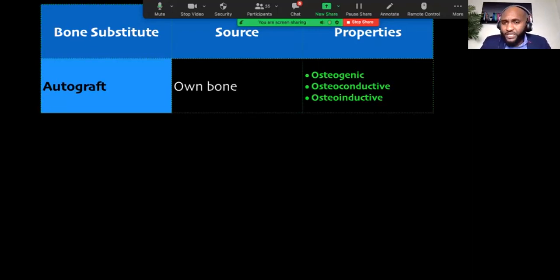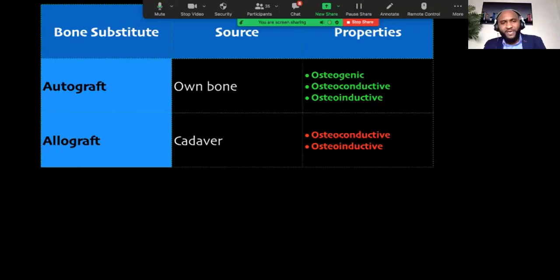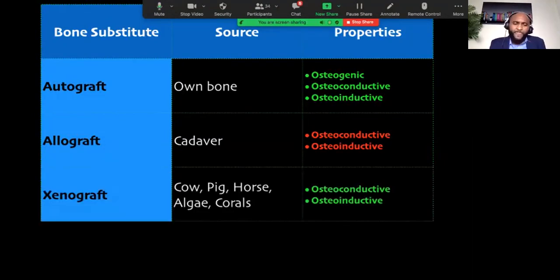It's osteogenic, osteoconductive, osteoinductive, all the three features that we said an ideal bone substitute material should have. The next best option is bone from another human, bone from a donor. Now, it is osteoconductive and osteoinductive, but unfortunately, not osteogenic, because we wouldn't want to run the risk of spread of infection from one individual to another.